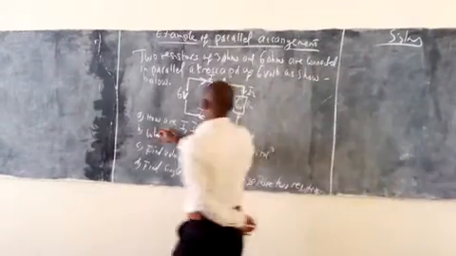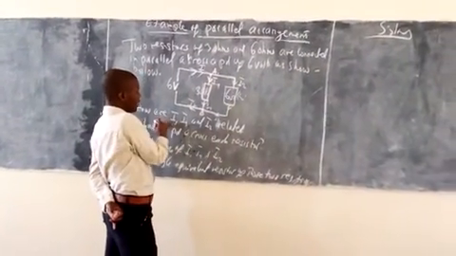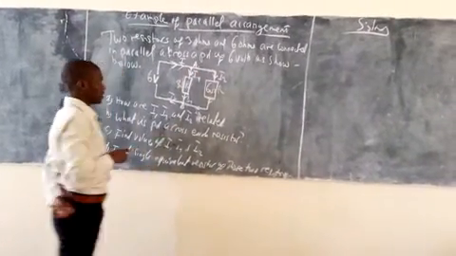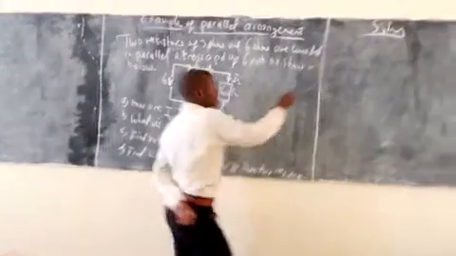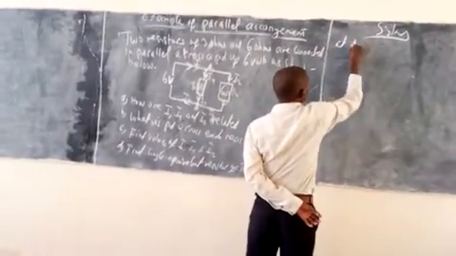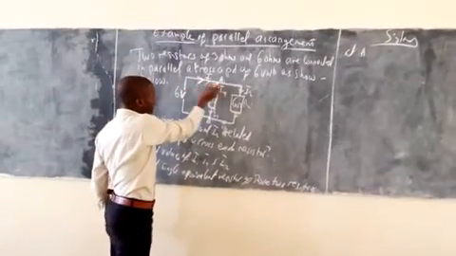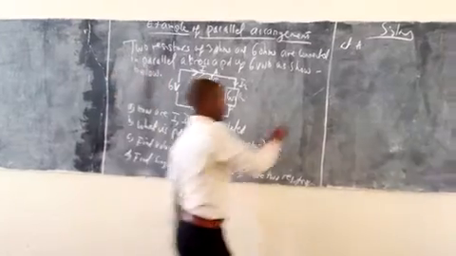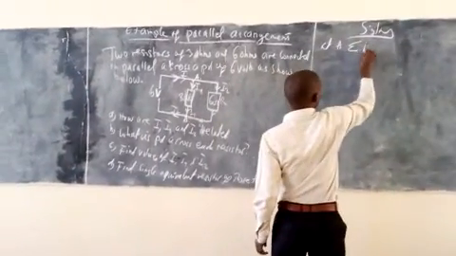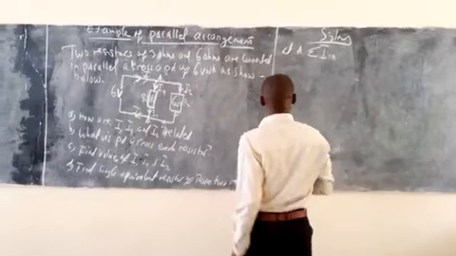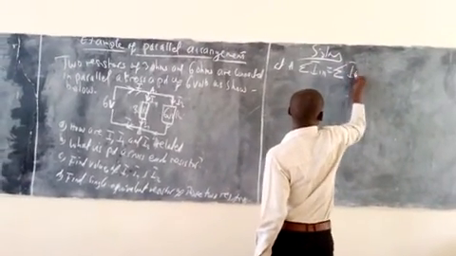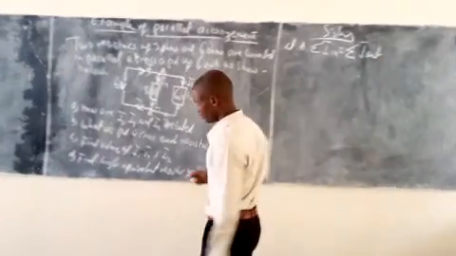Number A says, how are I1, I2, and I related? Here we have to start using Kirchhoff's law at junction A. Kirchhoff's law says that the sum of current entering a junction will be equal to the sum of current leaving the junction.